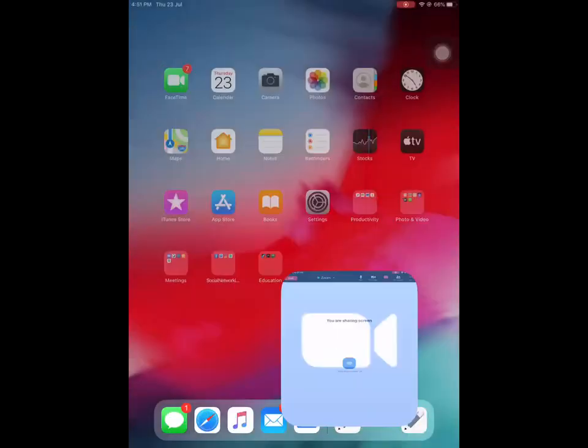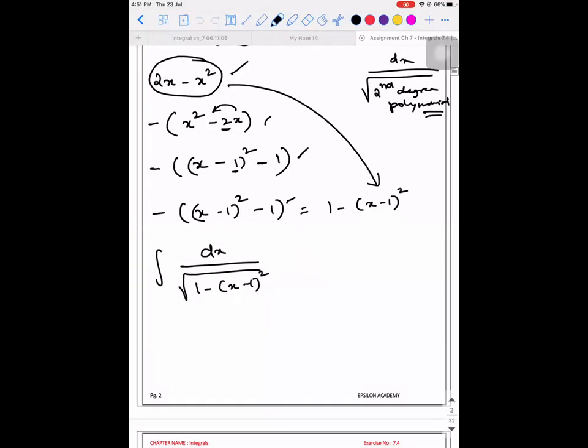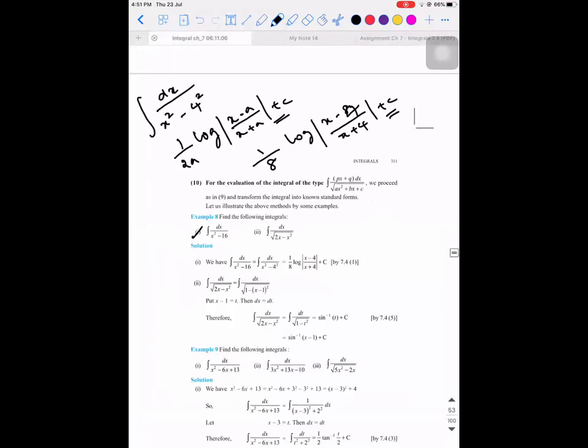So it is 1 by root of a square minus x square format, no? So for 1 by root of a square minus x square, what is the formula? It is sine inverse of x by a plus c.